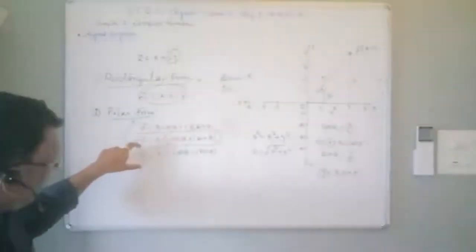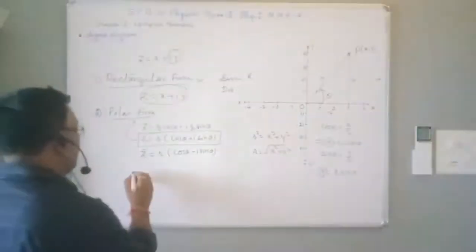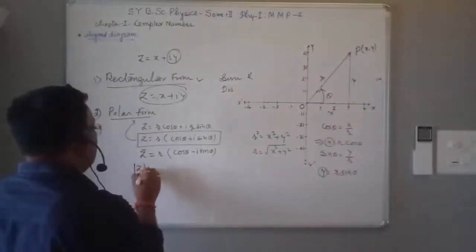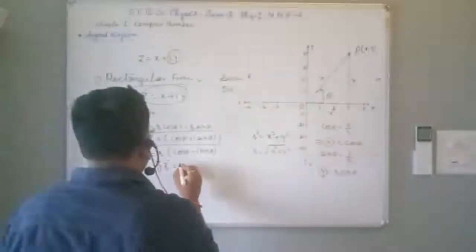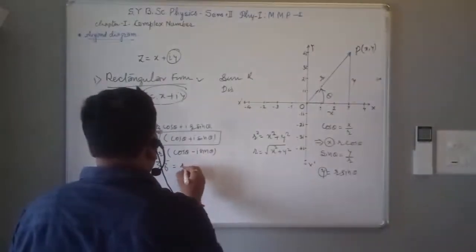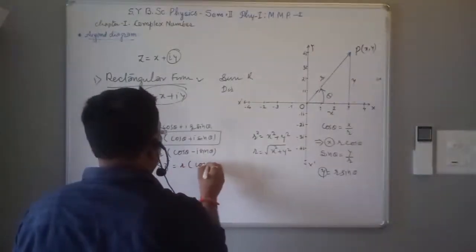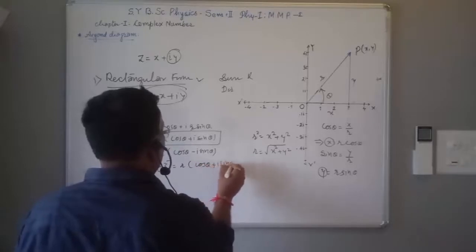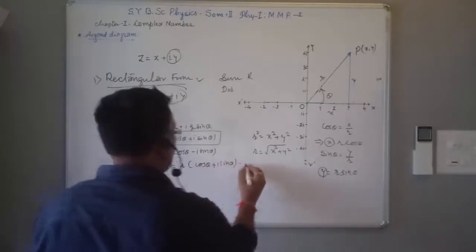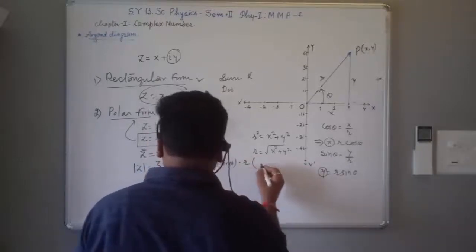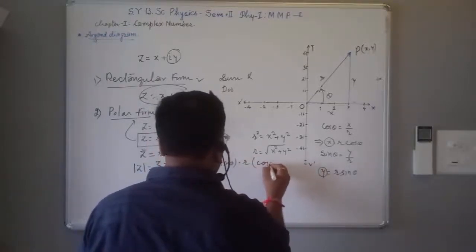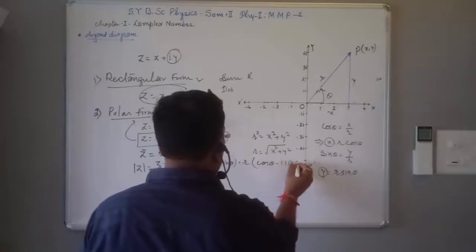And from z and z bar we can derive the modulus of z. That is, z times z bar is equal to the value of z, r (cos theta plus i sin theta), into the value of z bar, r (cos theta minus i sin theta).